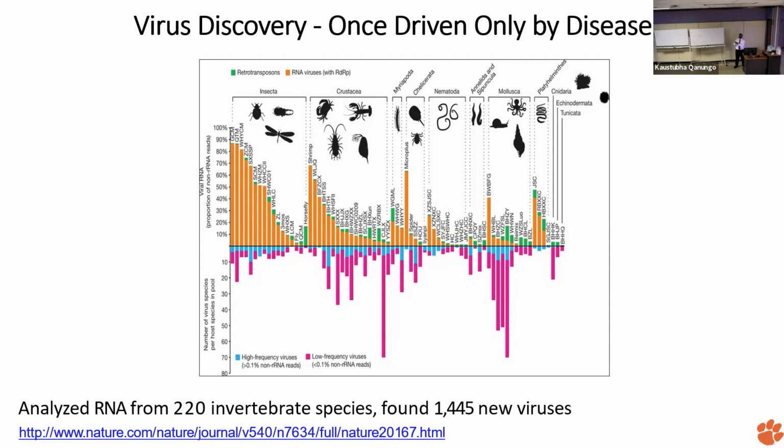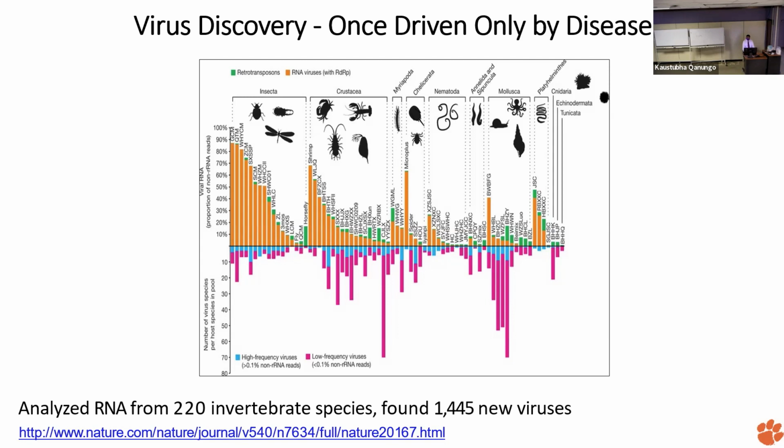And even if the DNA is fragmented, the fragments are analyzed, and a computer algorithm puts them together, and you find out which virus is present. Many viruses were discovered this way. You can take a look at the original study that analyzed RNA from 220 invertebrate species, and 1445 new viruses were discovered.